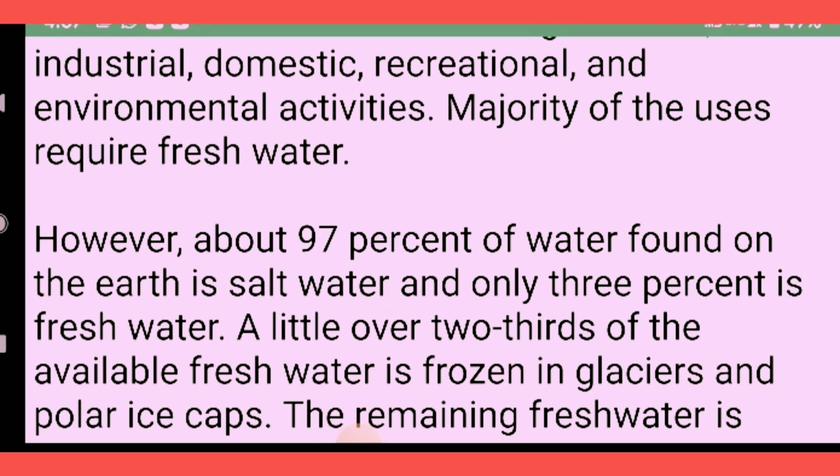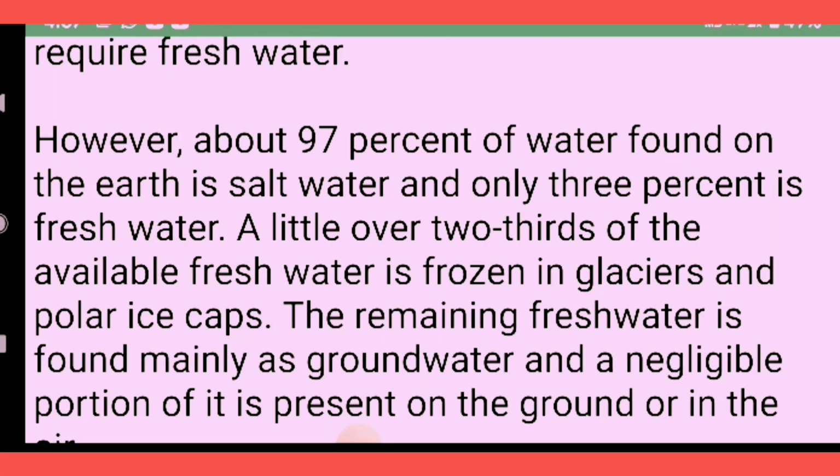However, about 97% of water found on the earth is salt water and only 3% is fresh water. Little over two-thirds of the available fresh water is frozen in glaciers and polar ice caps.